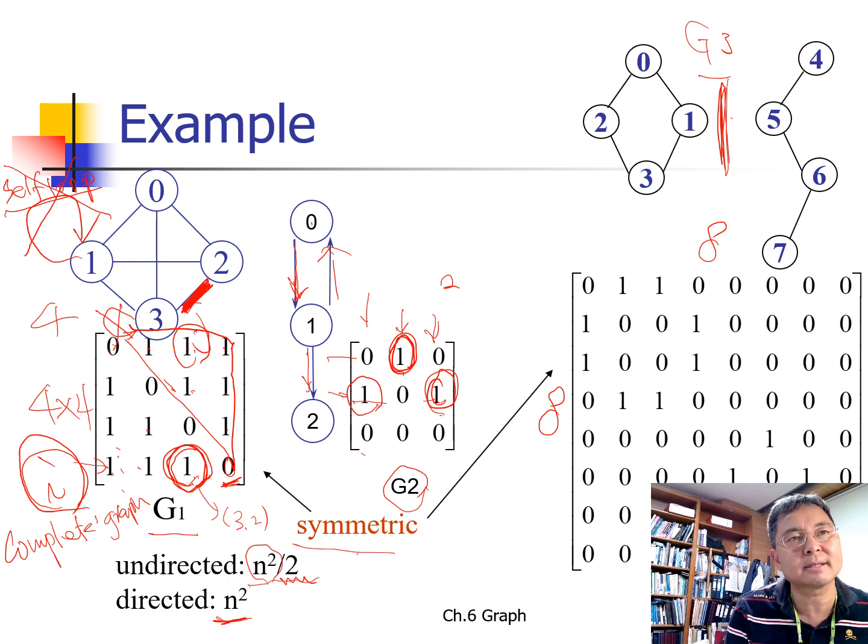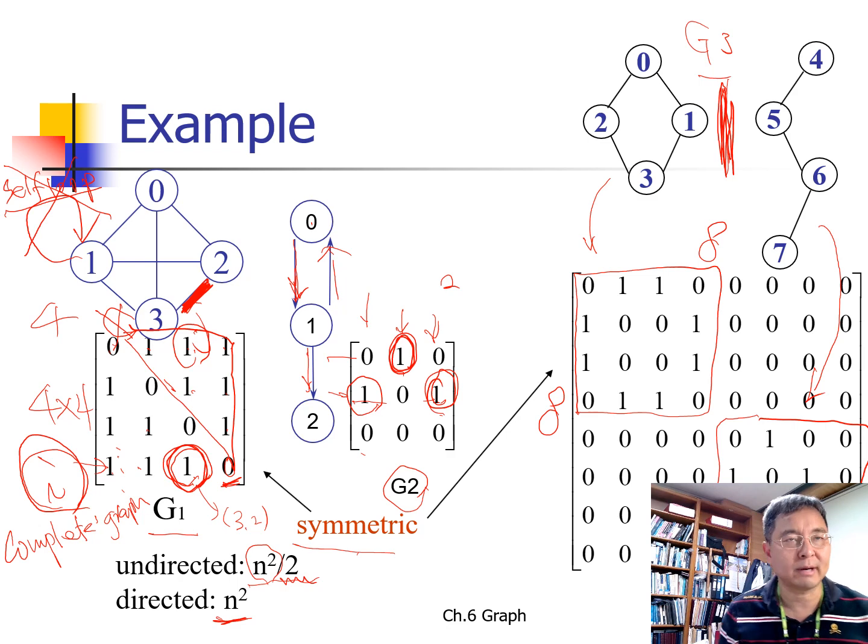And these are disconnected. So we can see that there is some cluster or subgroup to represent the left graph and the right subgraph.